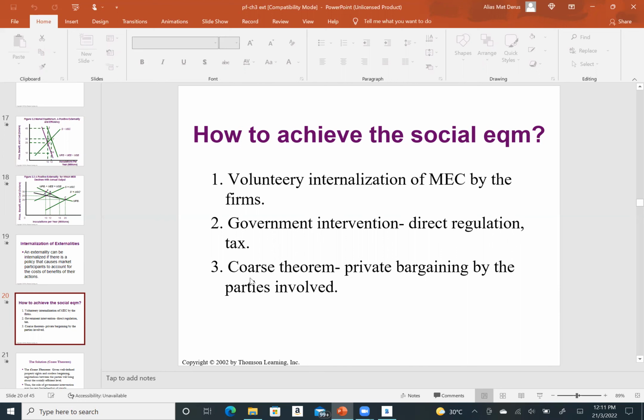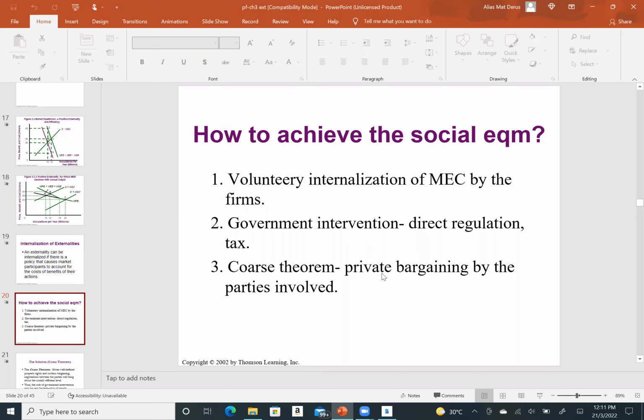Now the last one is private bargaining. This is the Coase theorem. Private bargaining means there is no government. You don't need the government. The third party and the person that generates the externality will bargain by themselves.